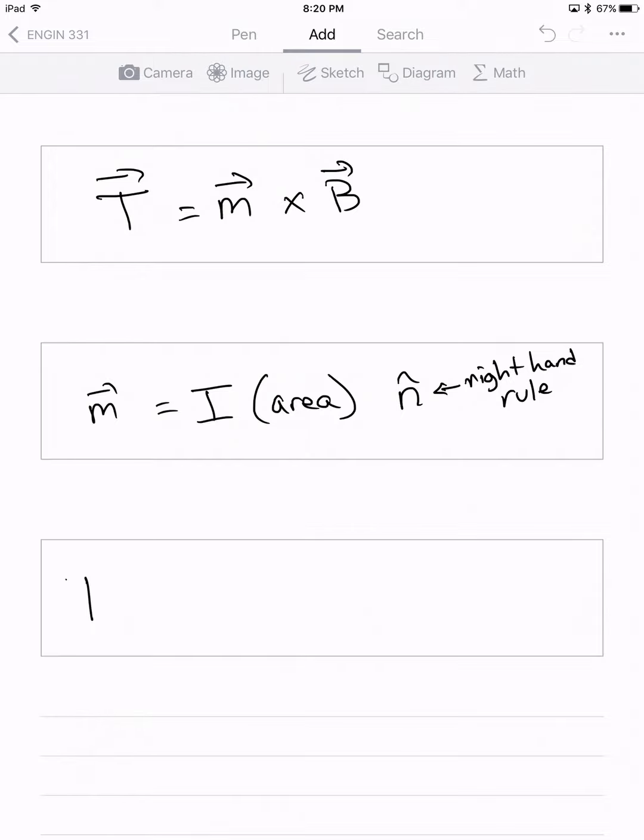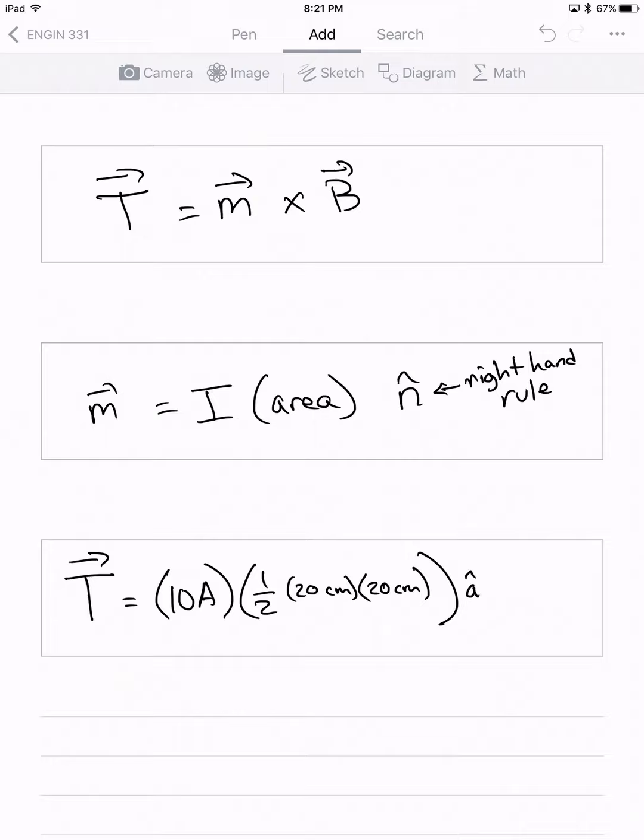So then the torque is going to be 10 amps times 1/2 base, which is 20 centimeters, times height, which is also 20 centimeters. The surface normal vector for that is in the z direction.